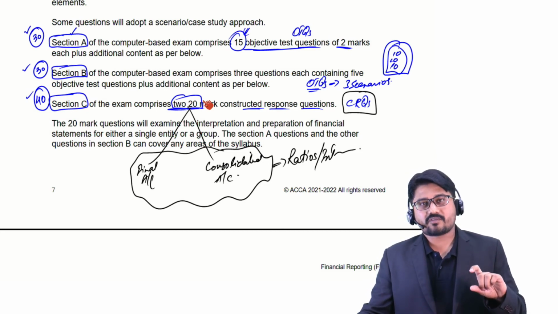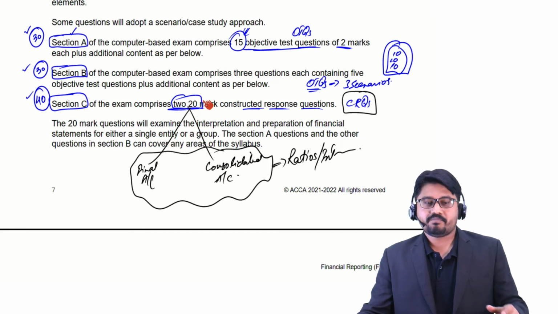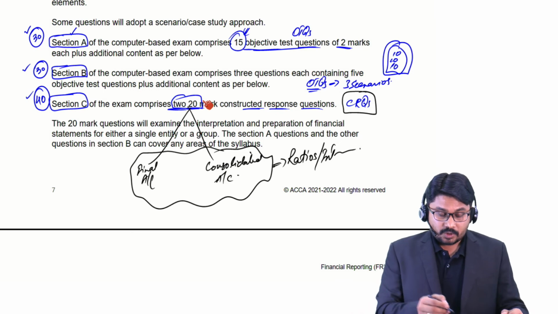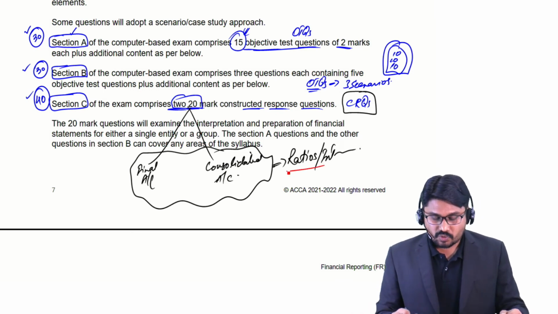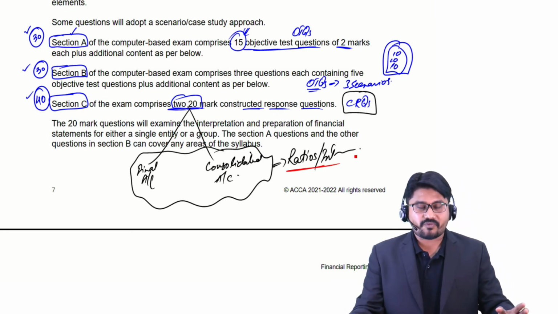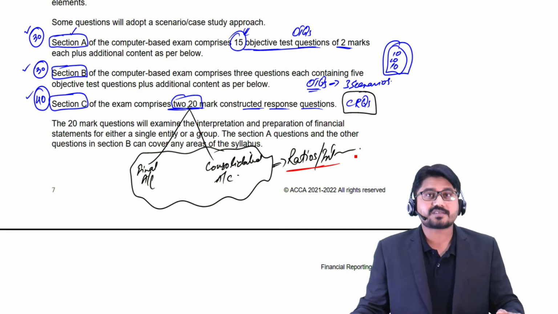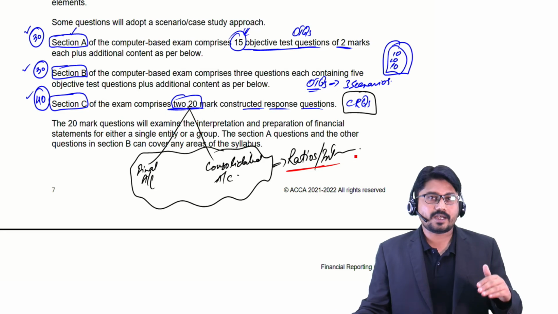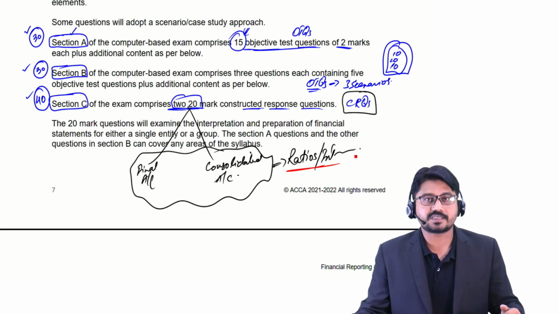The requirement can be different, maybe only changes in equity is required. But don't forget this thing: whatsoever is the requirement with respect to the final accounts question or the consolidation question, ratio analysis is always there, for 10 to 12 marks in section C.